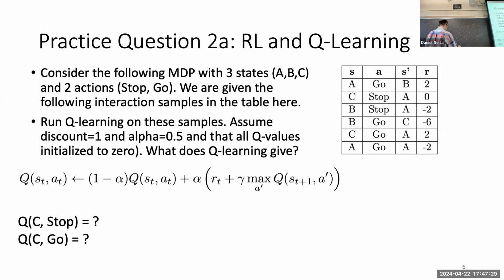So it's 0 plus 1 times gamma times the max over all the actions of A, because A is the next state.